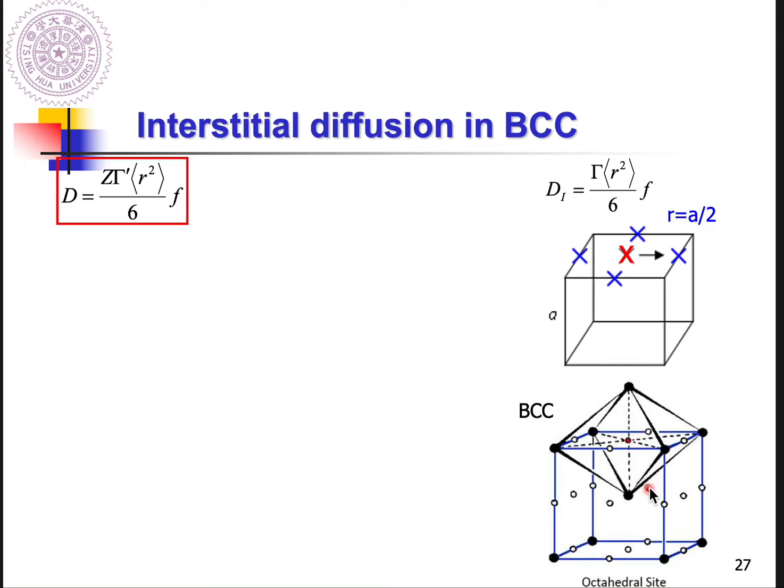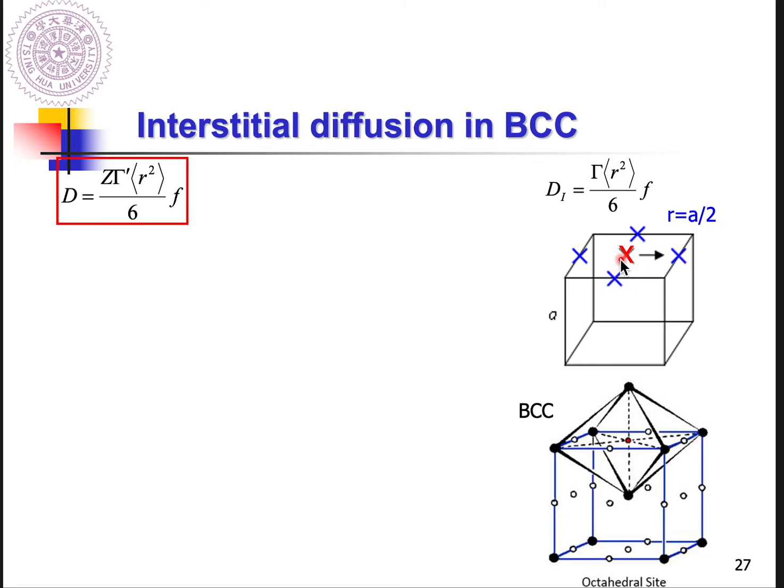And some people probably ask, how about this? We still have an interstitial, but it's far away. It's longer than this distance, right? So the possible jump directions or jump sites only happen to the nearest interstitial sites. So first we need to consider how many sites are nearest to our target interstitial.